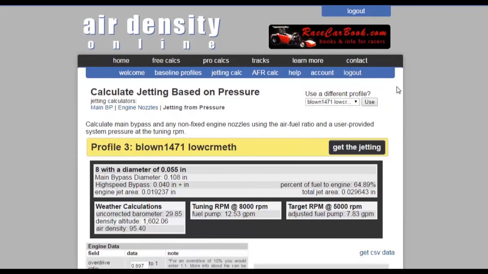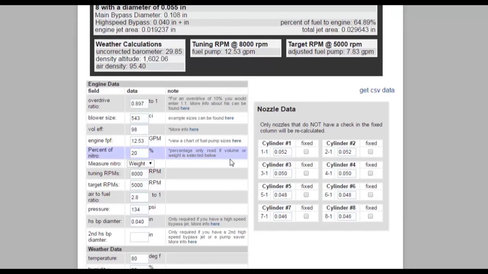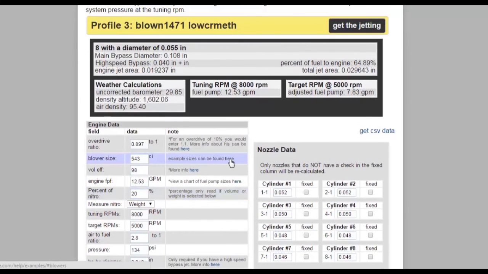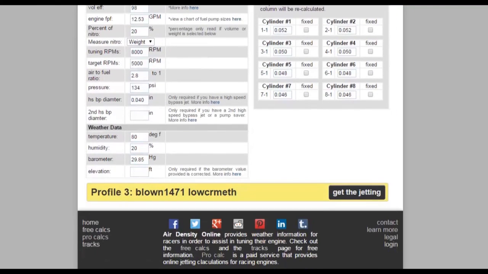And the calculator has determined that if we change nozzles from the previous ones varying from 46 to 52, change them up to 55 thousandths nozzles, and the previous main bypass was 130, and now that would be a 108. That'll give us a 2.8 to 1 air-to-fuel ratio with 20% nitro.